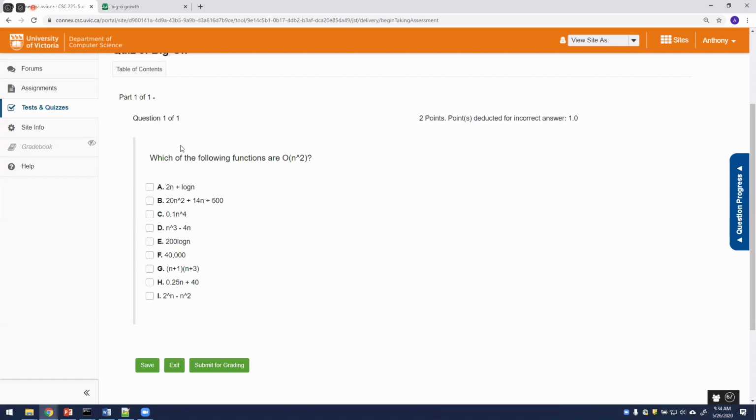So I can say that this is going to be less than or equal to 3 log n plus log n. So I can do the same thing here and say that this is all going to be less than or equal to 4 log n. So again, we can just say that f of n is order log n.